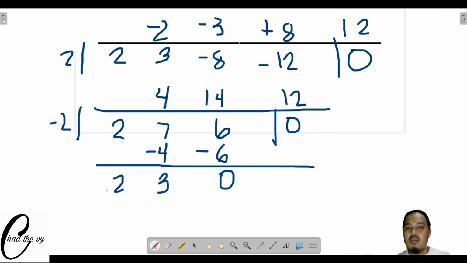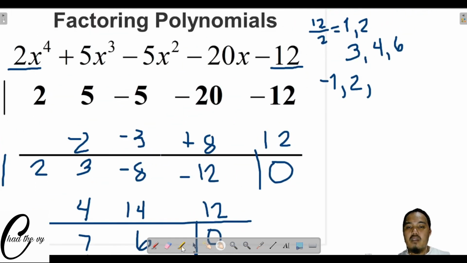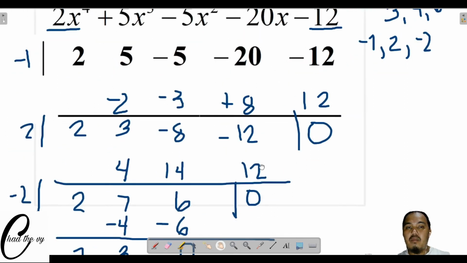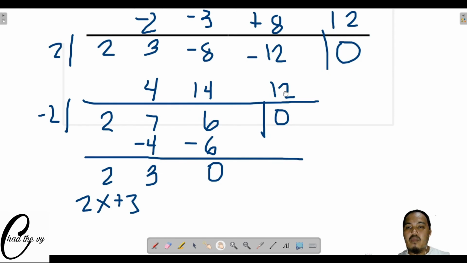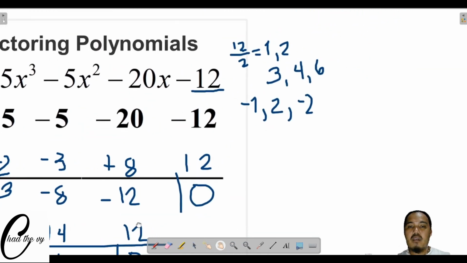So, ngayon, sagot natin dito 2 and 3. Okay, ito ay 2x plus 3. Taas natin kasi susulat natin dito na si negative 2 ay factor. Balik tayo. Ayan, dito na natin solve.